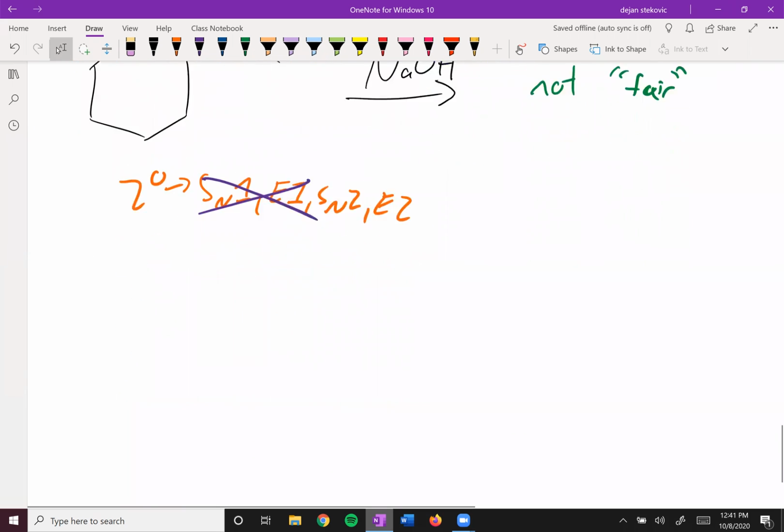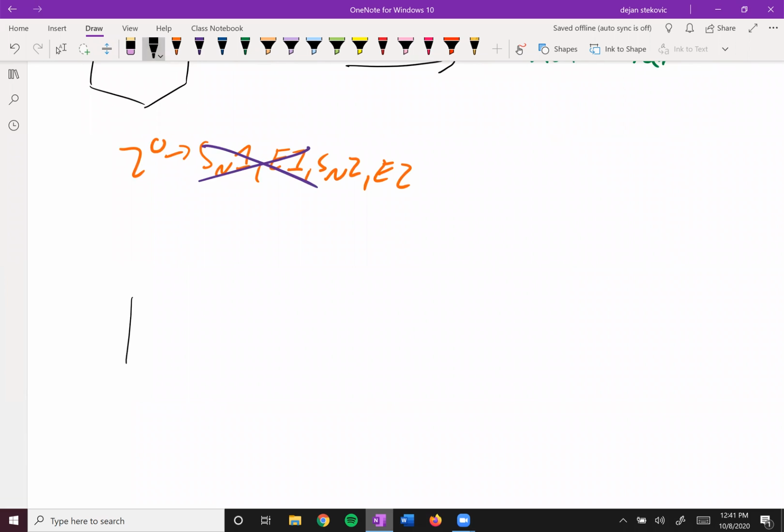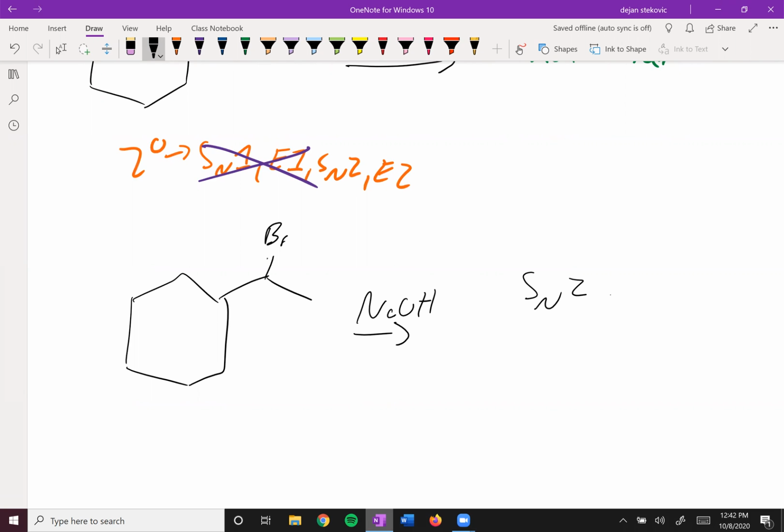So how could we make this question more fair? One thing I could do is tell you that under these regular conditions the E2 is the major product, and I could ask you why. You could take a look at this compound and realize that this is indeed secondary.